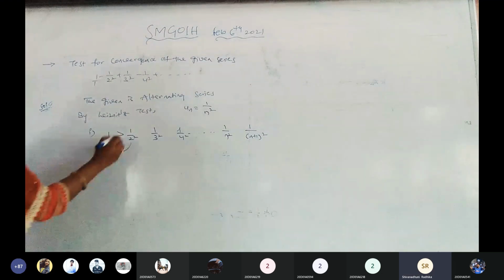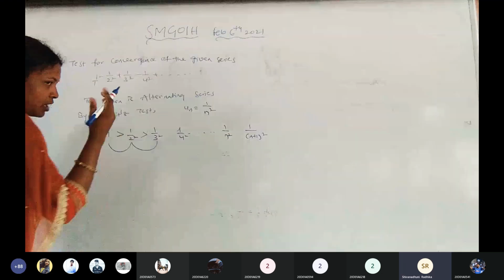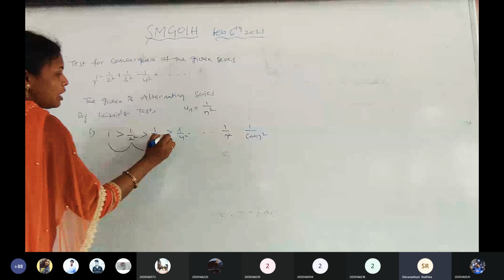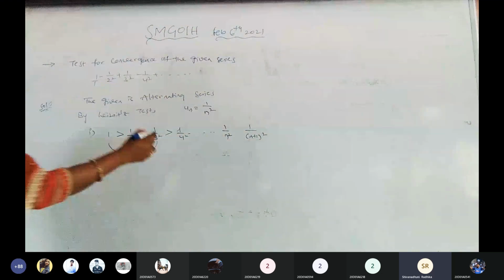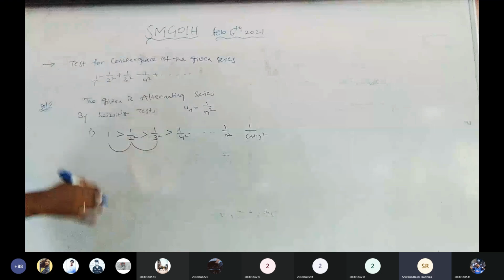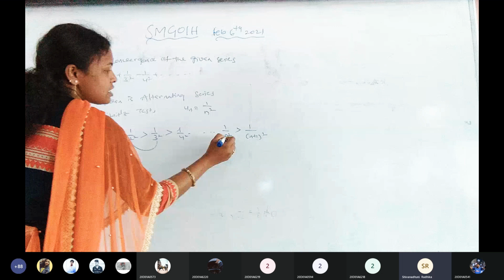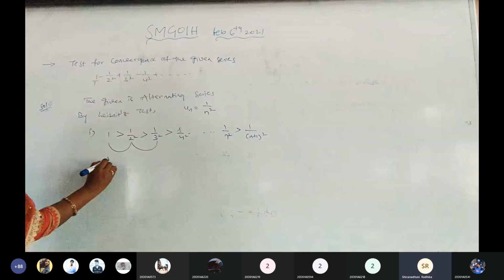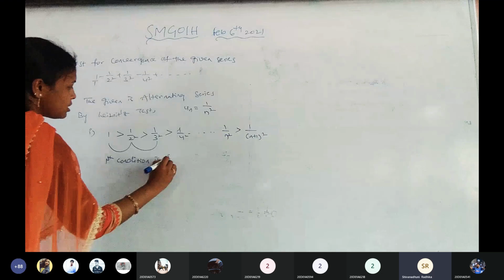Okay, now next 1 by 4 and 1 by 9, which one is bigger? 1 by 4 is bigger. When the denominator value is increasing, the total fraction value will be decreasing. Is it clear? Now 1 by n square is a bigger value compared with 1 by n plus 1 whole square. The first condition is satisfied.